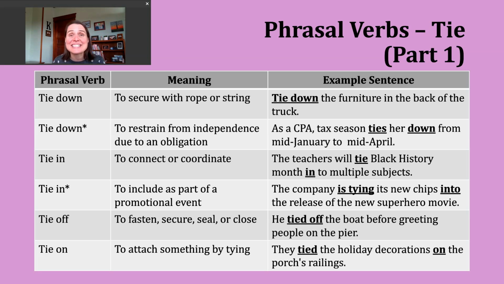A second way to use tie in is to mean to include as part of a promotional event. So this definition is very much going to connect to advertising. So an example of this: The company is tying its new chips into the release of the new superhero movie. Here's an example of a present progressive or present continuous sentence.